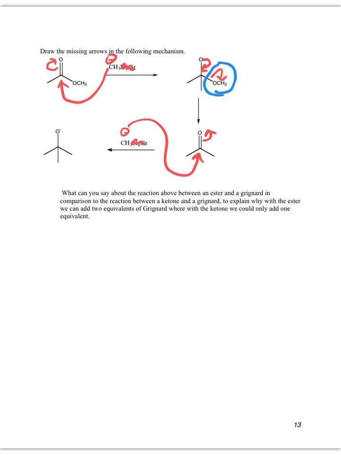What can you say about that OCH3? You're right, it is a good leaving group. So, because we can form the carbon-oxygen double bond, which is more stable than two single-bonded oxygen bonds. So that's why we can add 2 to the ester, because we have that leaving group on there.